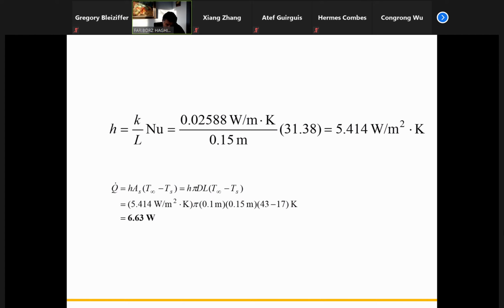If you look at table 9.1 in your textbook, it says if you have a cylinder, as long as D is less than that value, you can assume this is a vertical wall. Therefore, you can treat the cylinder as a vertical plate and use it. So the D you talk about is the diameter of the cylinder. That's right, this is the diameter of the can.